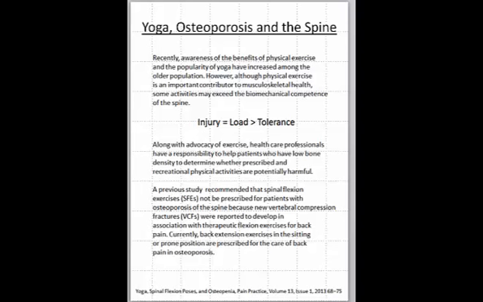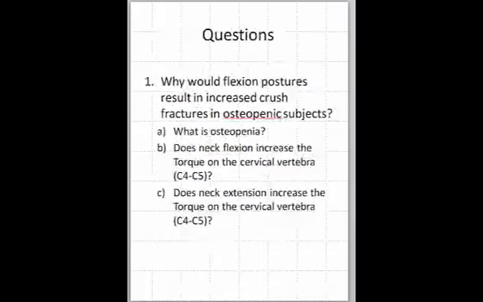So I want you to read this and answer these questions. Why would flexion postures of the cervical spine increase crush fractures in osteopenic subjects? One, the flexion posture would be the loading, and the osteopenia is dealing with the tolerance or the strength.